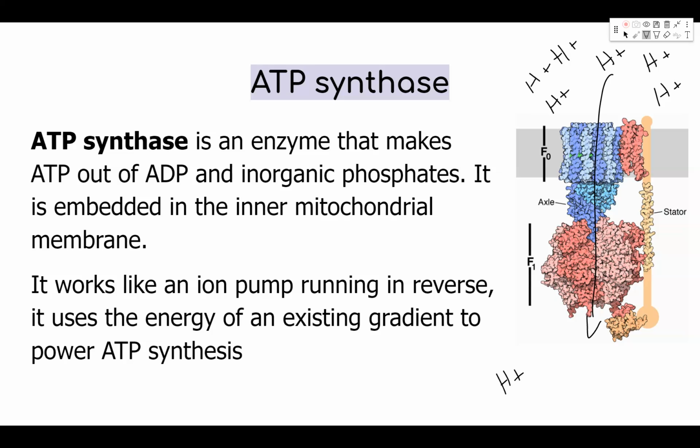And ATP synthase lets them through, but it uses the physical force of these hydrogen ions moving through to spin this bottom part, and that spinning allows ATP to be synthesized, which is really cool. But this little protein is the reason we can make ATP out of our food.